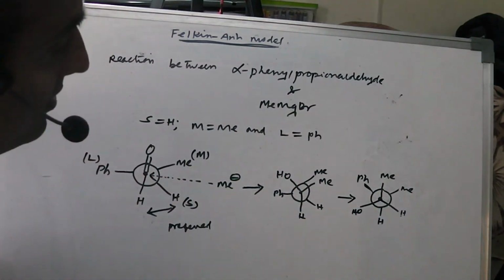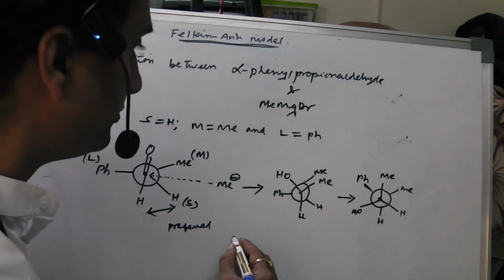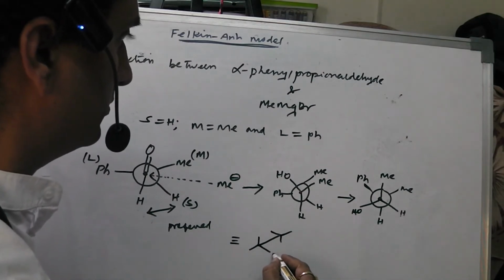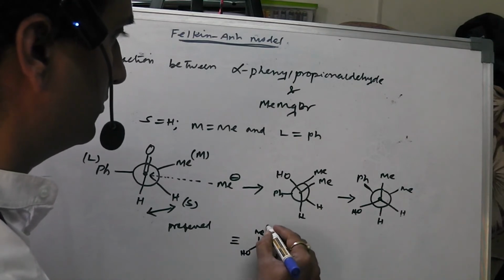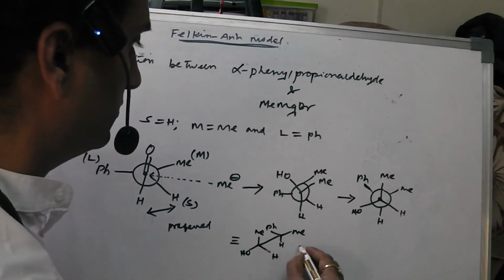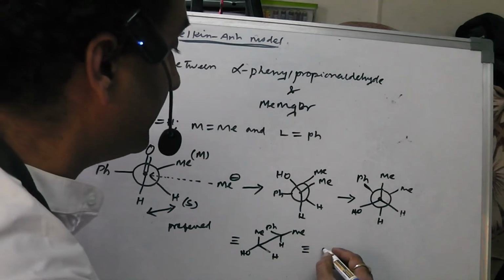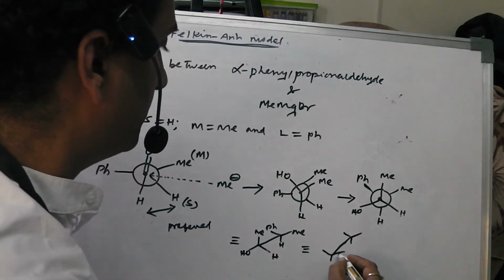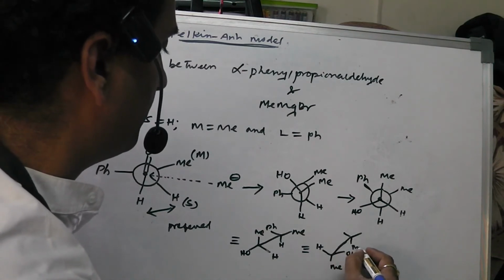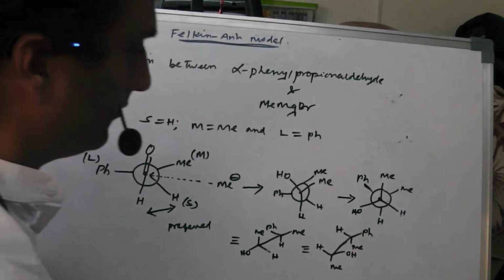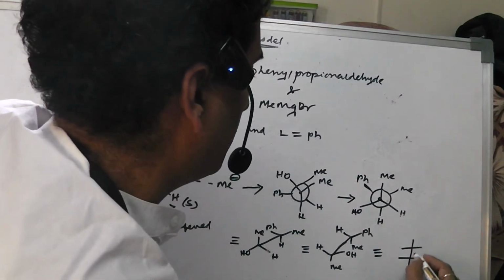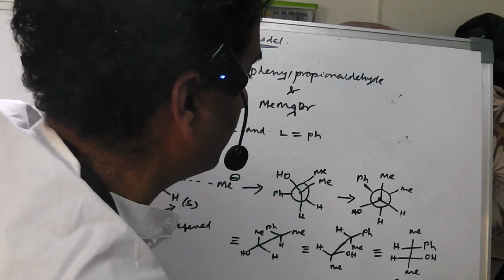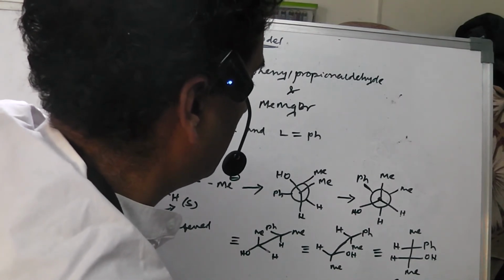While converting this Newman structure to Sawhorse, followed by Fischer, this is the Sawhorse staggered, and then the Sawhorse eclipsed. So this is erythro, the major product.